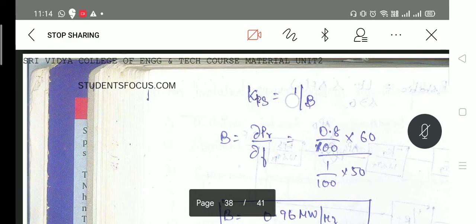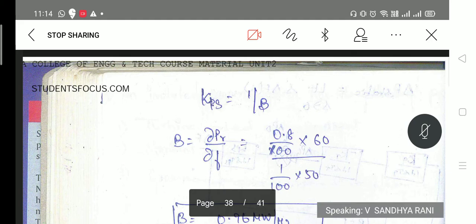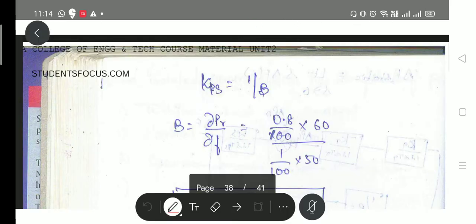Here Kps is equal to 1 by B, and B is equal to dou PD by dou F. So substitute the values. Already given is the dou PD value, not dou PR, dou PD value, and dou F value is given.